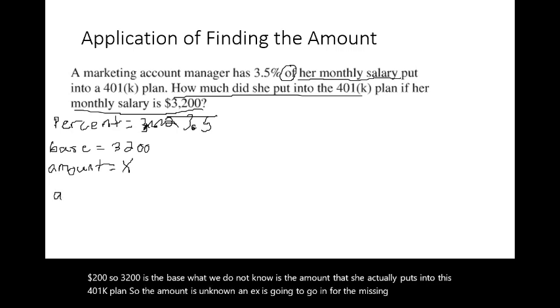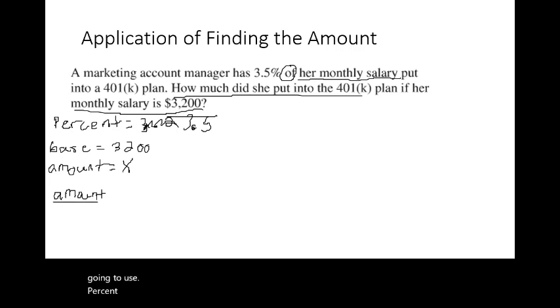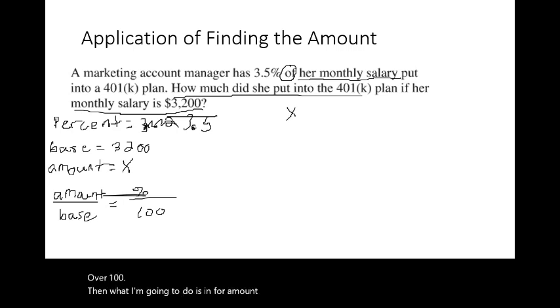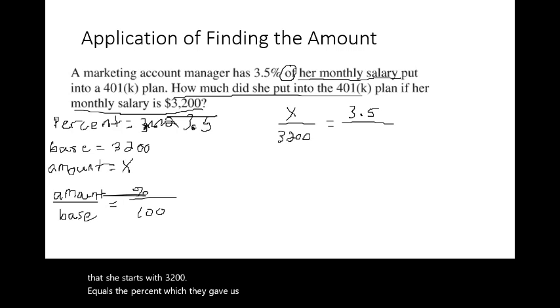So we're going to use the percent proportion, amount over base equals percent over 100. In for amount, I'm going to put X over the base, the monthly salary that she starts with, $3,200, equals the percent, which they gave us is 3.5, out of 100.